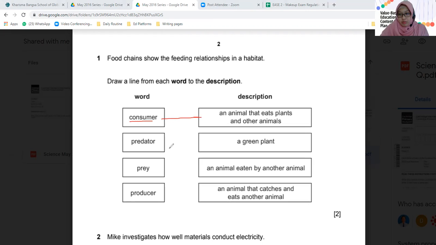Predator is the animal that catches and eats another animal. Mostly the predators are carnivores. Prey is the animal that is eaten by another animal. Predator and prey match each other; I mean, predator eats prey. Producer. Producer is the green plant.